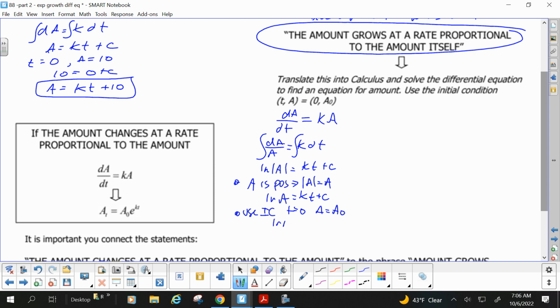Then I get natural log of A initial equals 0 plus C. That implies that C is the natural log of A initial.